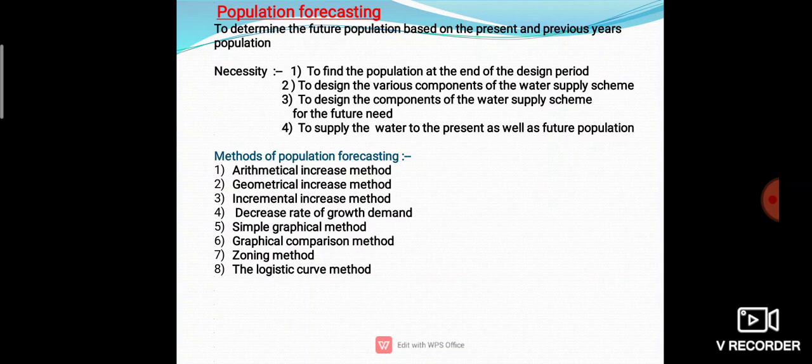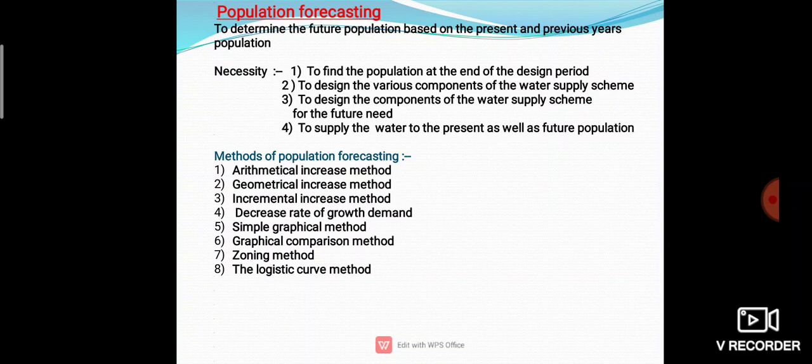If the water supply scheme is designed for the present population, it will be inadequate within a few years. Its efficiency reduces if we design it 10 years back.